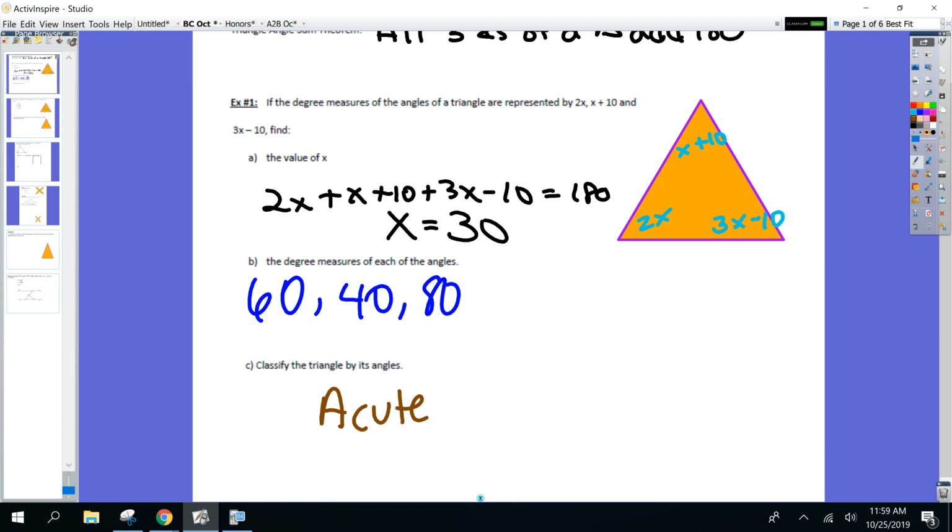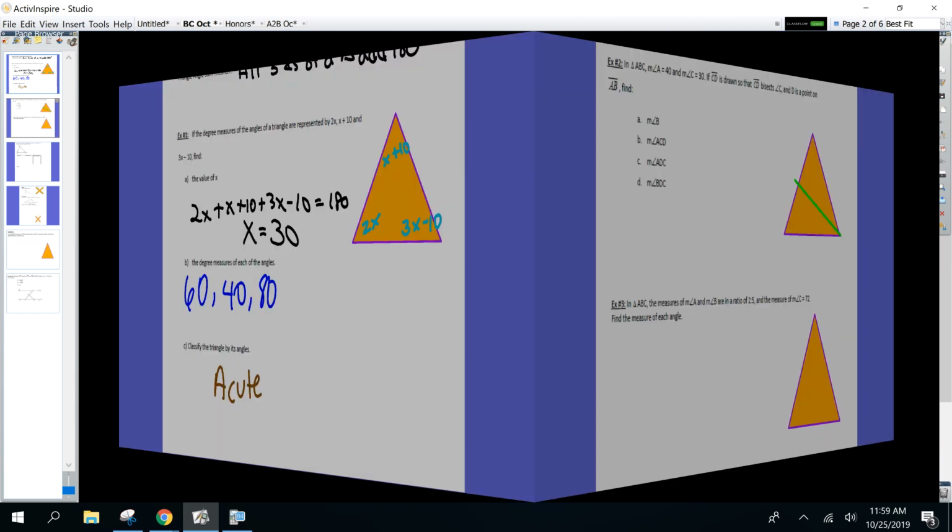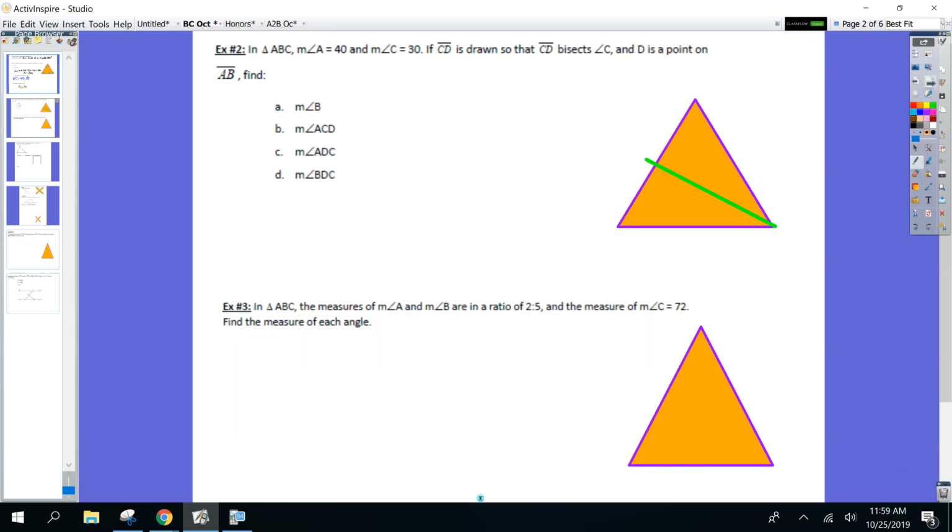Okay, next one I would highly recommend drawing your own diagram here because we got a lot of information. So let's help each other. Triangle ABC, again, A, B, and C can go anywhere. They're just vertices of the triangle. Angle A, 40.